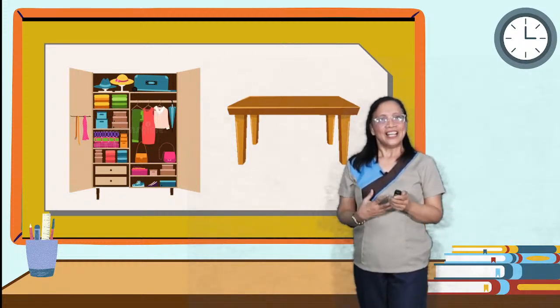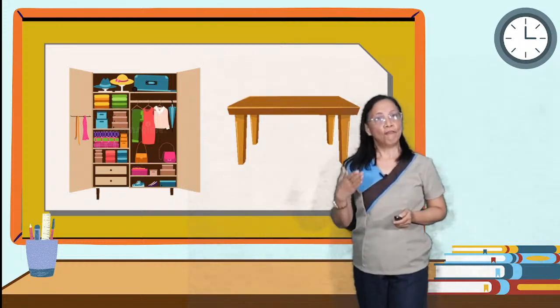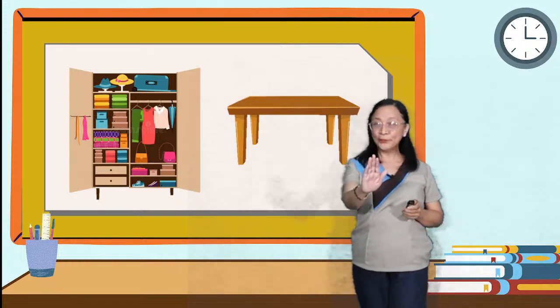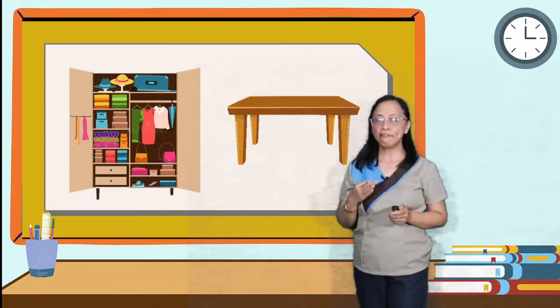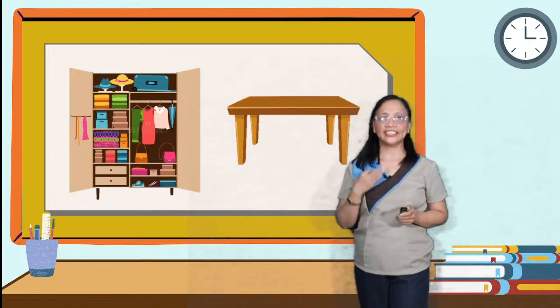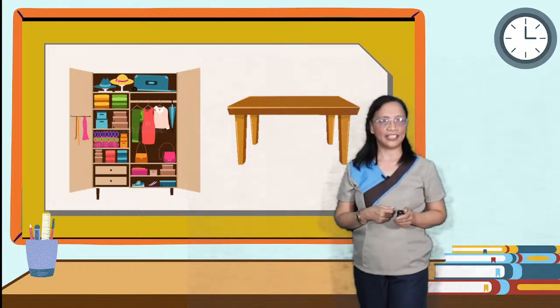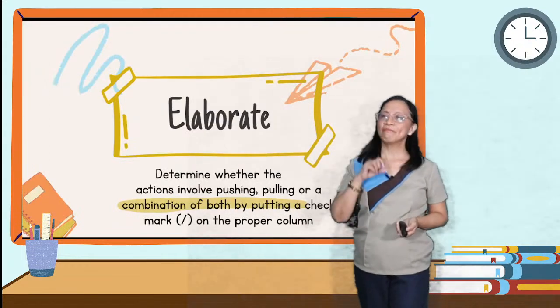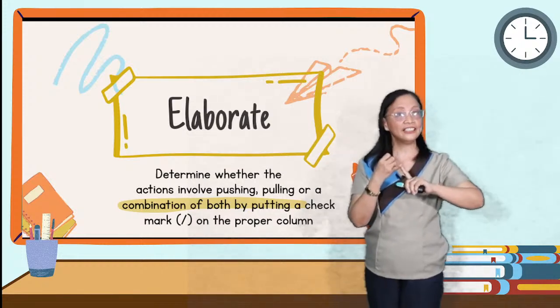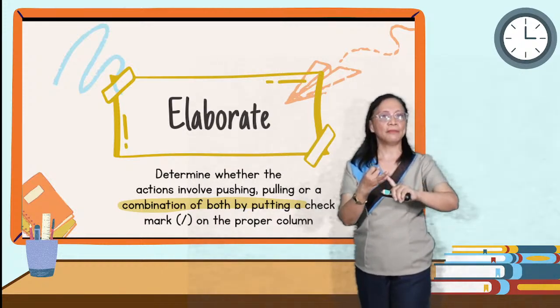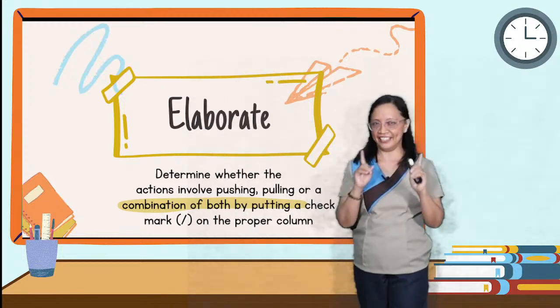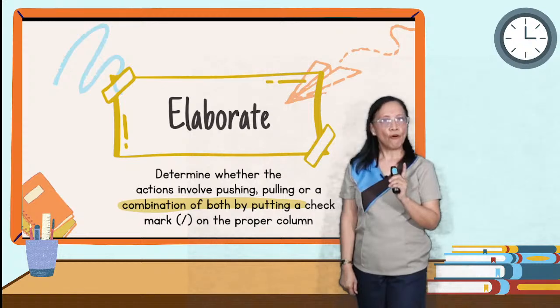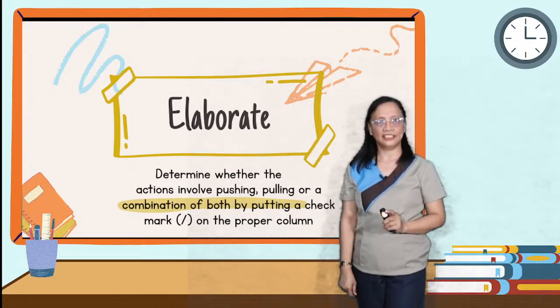So, that's all about force, push, and pull, and the three effects when force is applied to objects. It changes the size, it changes the shape, and it affects movement. I guess you're ready for this next activity.